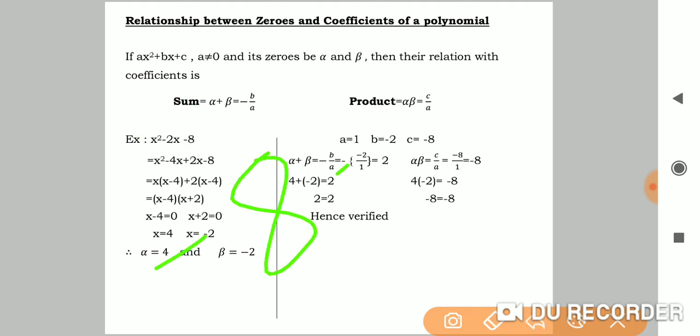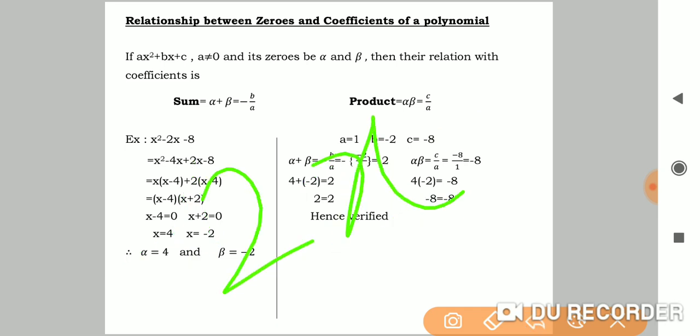We need the factors of minus 8x square such that when you multiply them you get minus 8x square, and when you sum them you get minus 2x. The factors are minus 4x and plus 2x. So we have written x square minus 4x plus 2x minus 8.